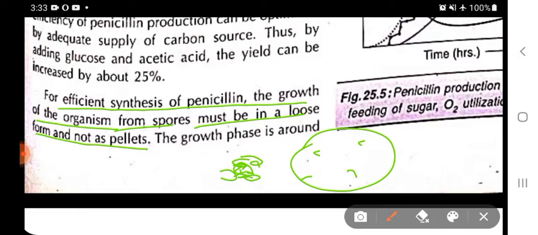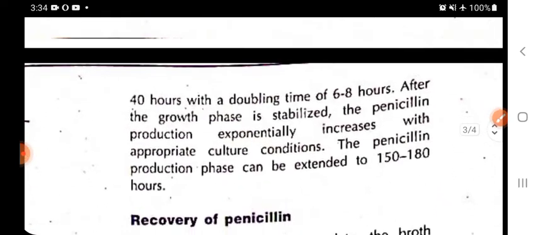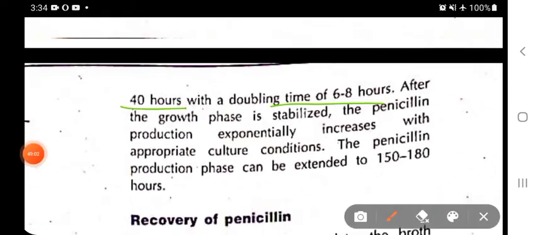Okay, growth phase is around 40 hours, with a doubling time of 6 to 8 hours.